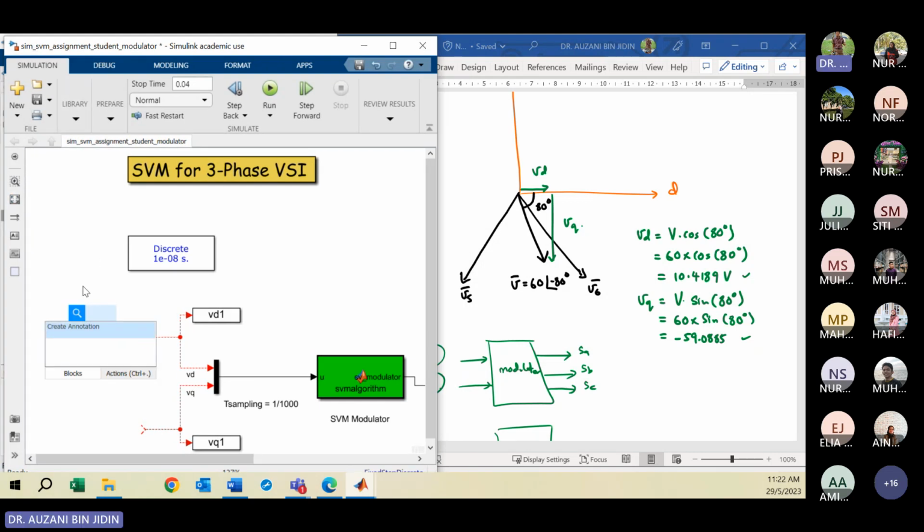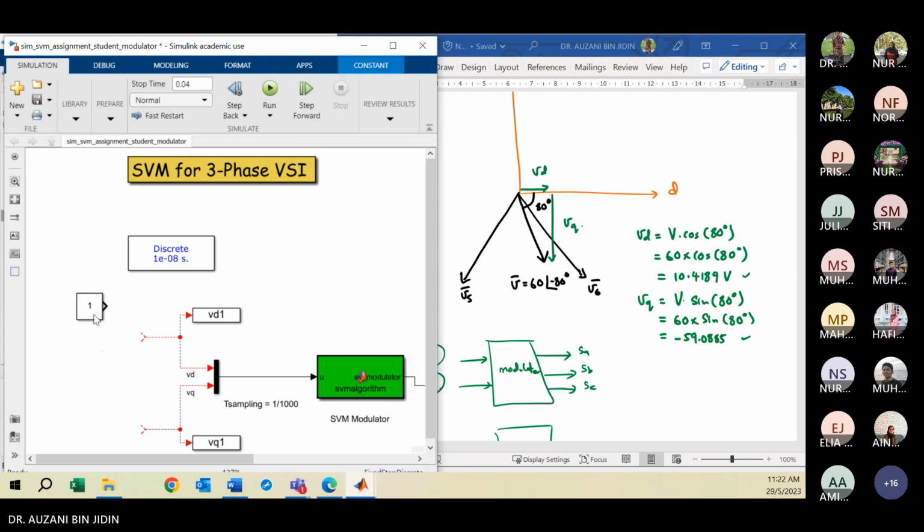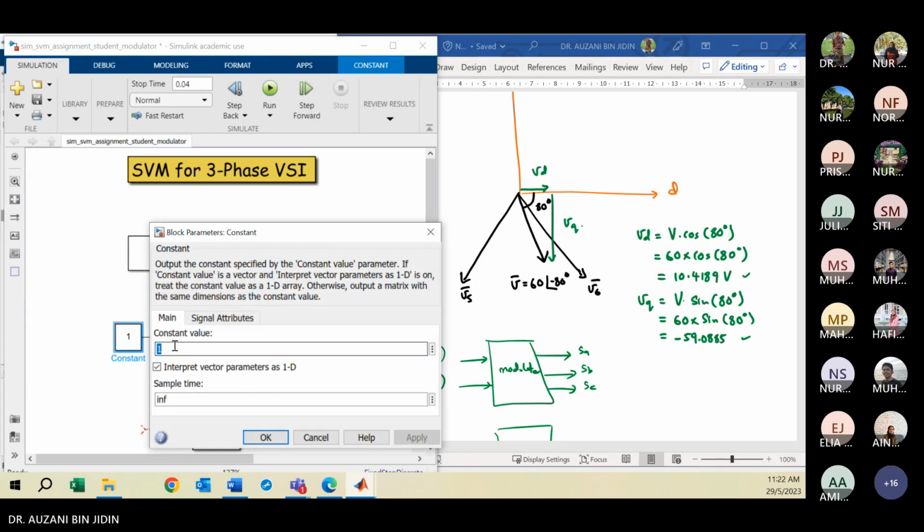Maybe you can double click and write constant, then enter. This block represents the value of VD. So where your VD is what? 10.4889.